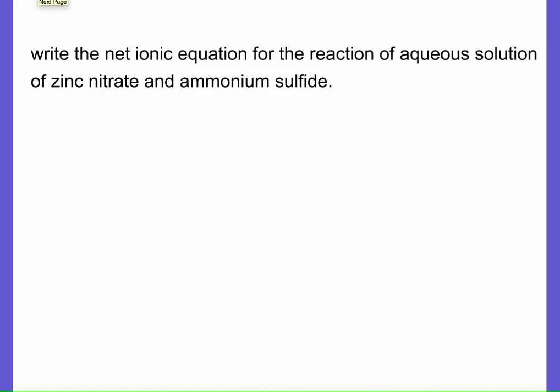So I'm going to write a net ionic equation for the reaction of aqueous solutions of zinc nitrate and ammonium sulfide in this example. So I just need to know what those things are first, or else this doesn't work out very well. So I know zinc has a +2 charge and nitrate's -1. So it should look like this.